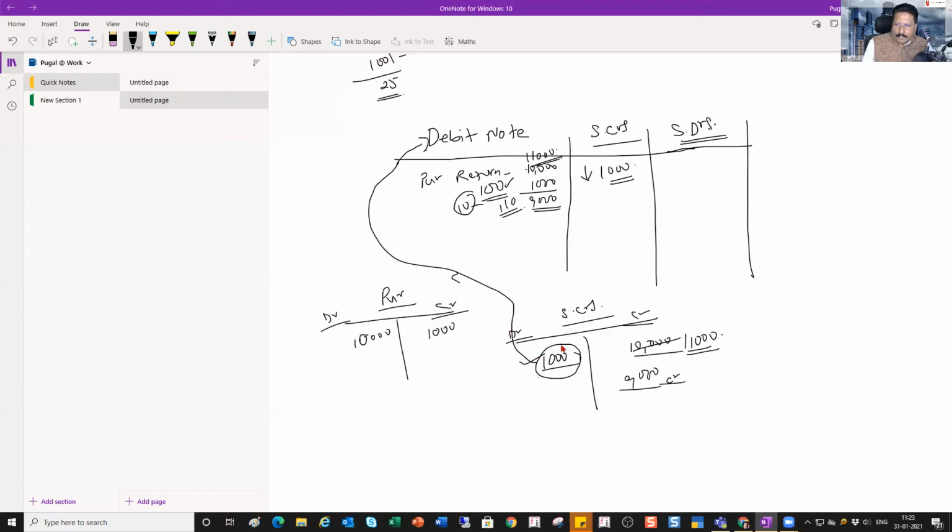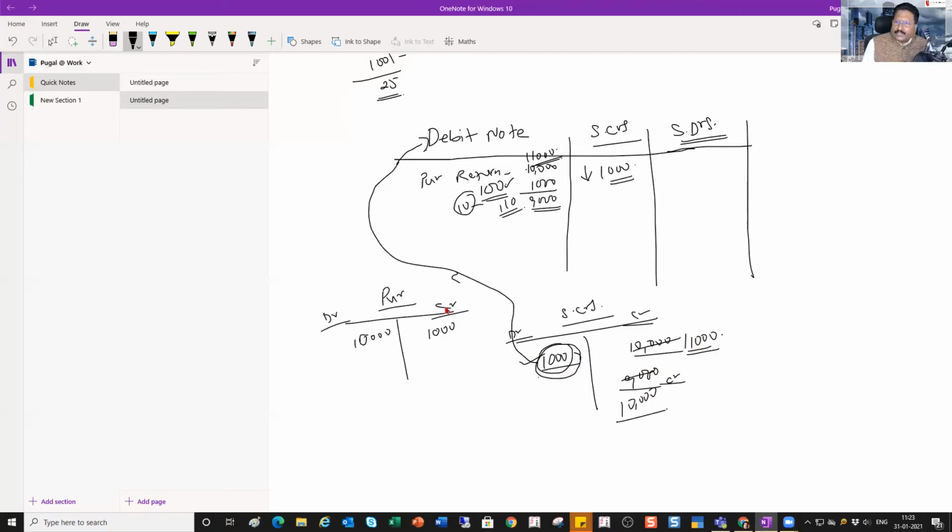You pass a debit note for 1,000 rupees, where in the narration you will say this debit note is raised on account of price difference, excess charge of 10 rupees. That basically gives you a recall at any later point in time. So you have now reduced 1,000 rupees, and this 11,000 will now become 10,000 rupees.